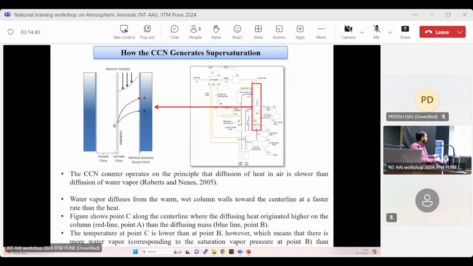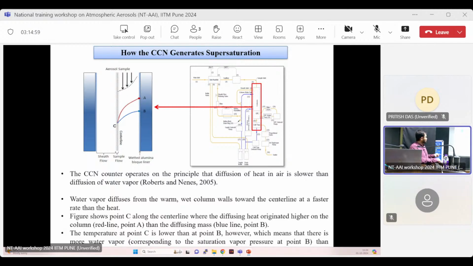If this is true, the mass flux travels faster than your heat flux. So your water vapor flux can go faster towards your center line, the sample line, than your heat flux.